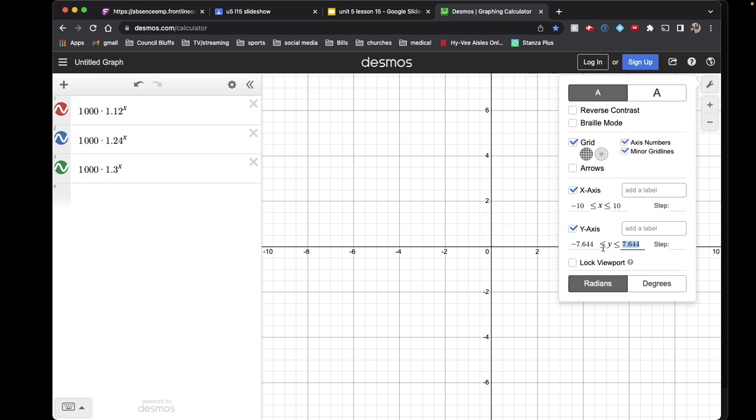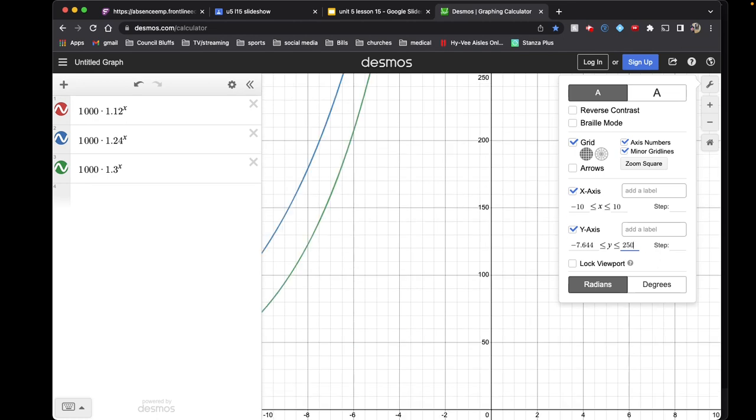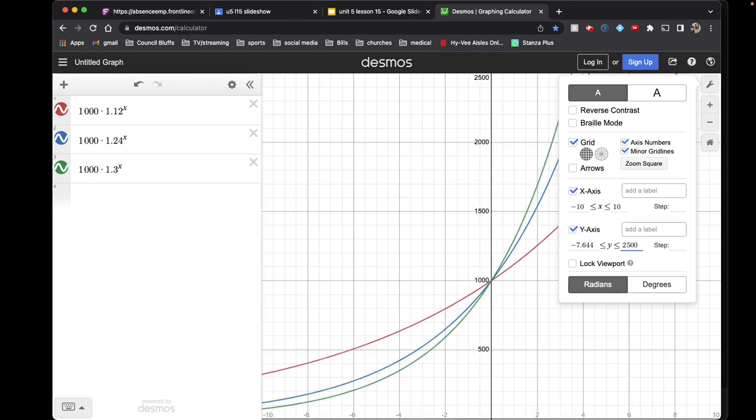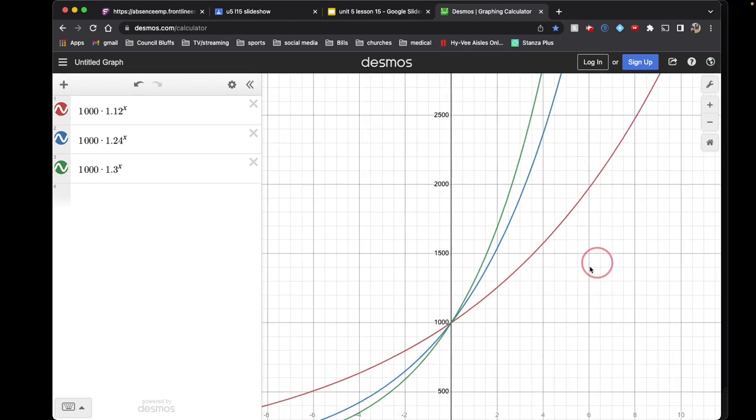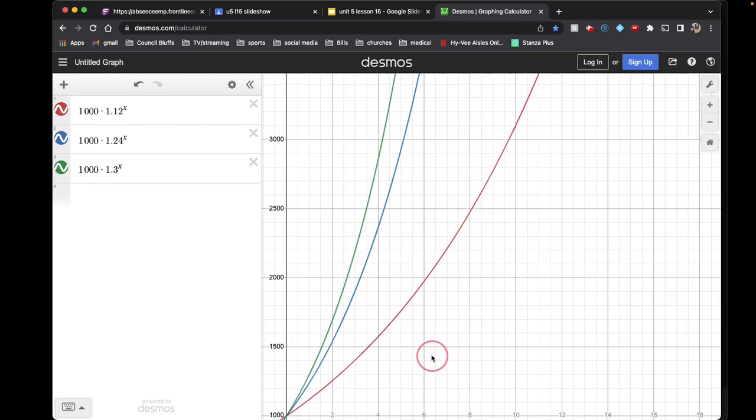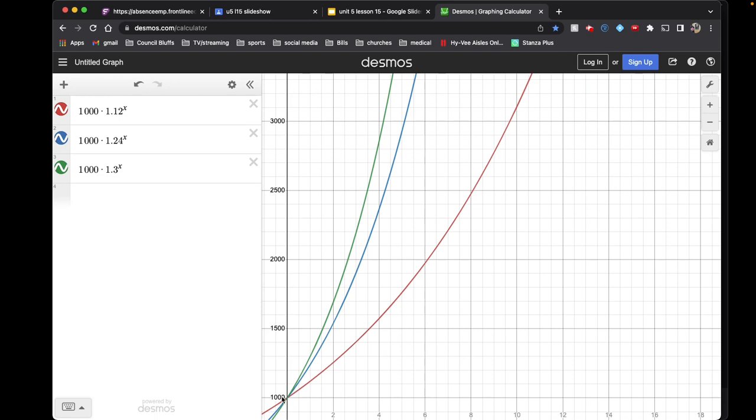Since we're starting at 1,000 and it's only going to get larger from there, I'm going to go up to 2,500 on the y-axis. Once I do that, I get a much better view of the graph. I have 1,000, and then I'm going up from there.